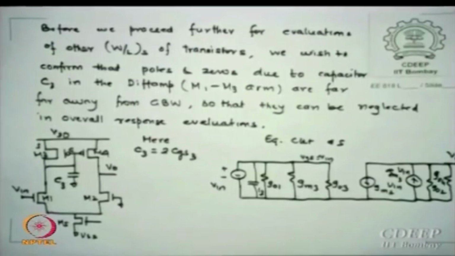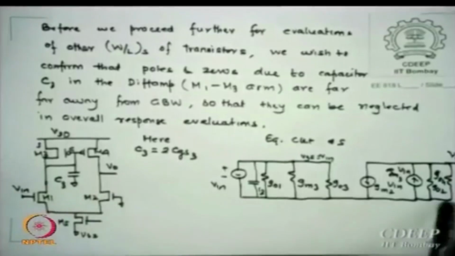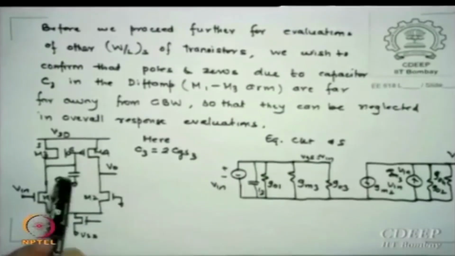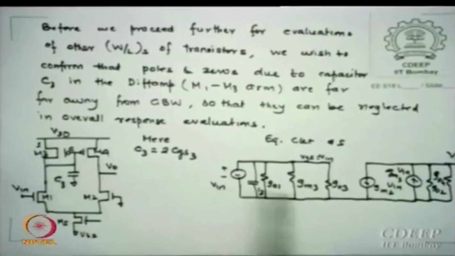In real life, if you don't calculate, nothing goes wrong, but for the sake of brevity I will calculate. So if this is your DFAM, this is your equivalent circuit, this is your input, then C3 is the capacitance, with GO1, GO1, GO3. Why GM3?